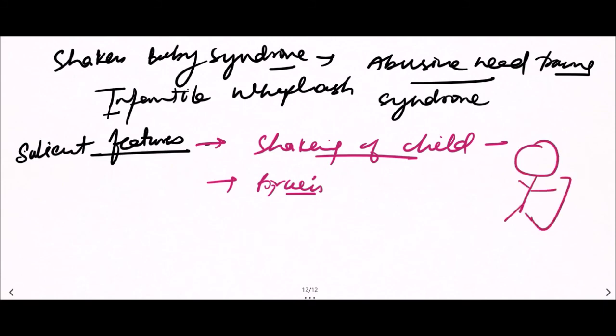So the head to body ratio is quite high, and that's why there are more chances of injury from violent shaking. There is to and fro and side to side movement of the brain in the skull, so there are various kinds of intracranial hemorrhages.